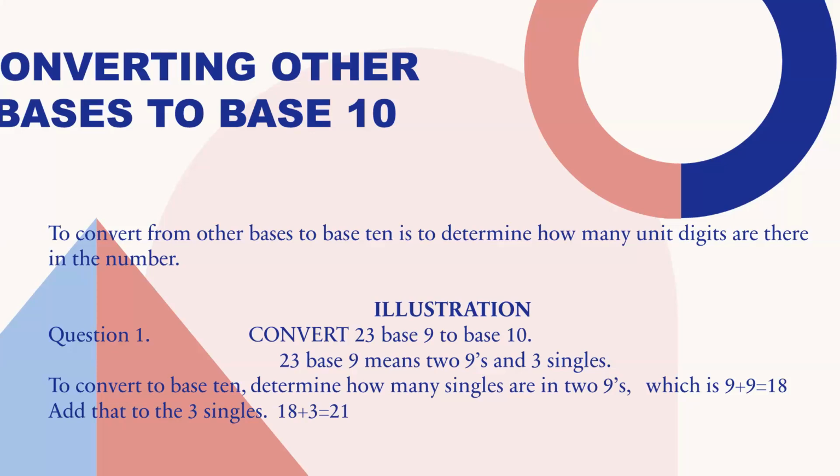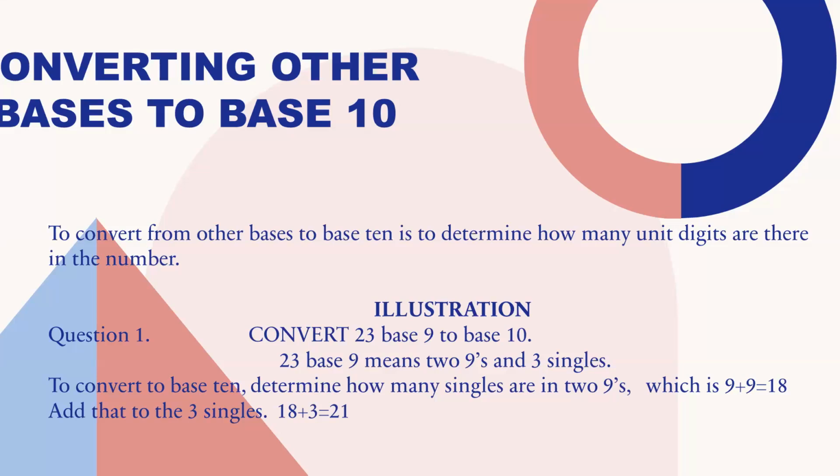So how many single sticks can you get in 2 bundles of the 9s? It should be 2 9s, which is 9 plus 9, which is 18.